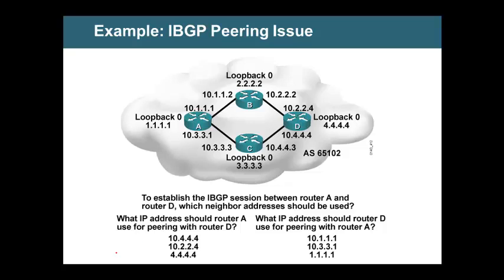Now, according to what you said, on router A, the neighbor address will be, please tell. Now A is trying to send a packet to D, a BGP packet. Tell me, what will be the destination address of the packet?